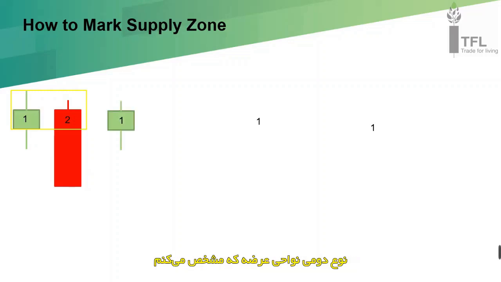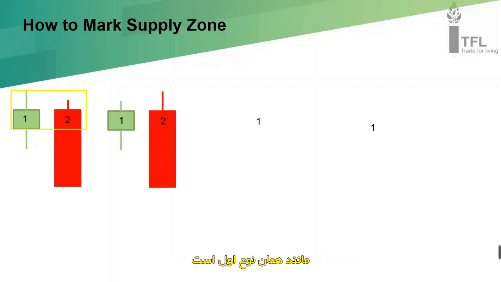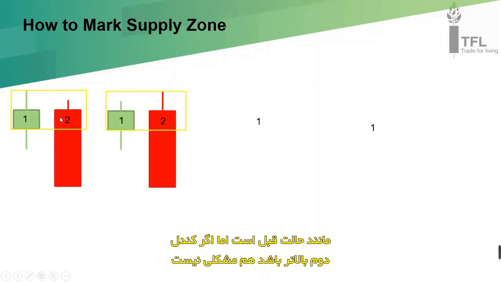The second type of supply zone that I usually mark is actually the same as the first type, but the difference is that the high of the candlestick is different. If you can see, this one is higher than the other one. It's the same story. Whichever goes higher, then it's okay.